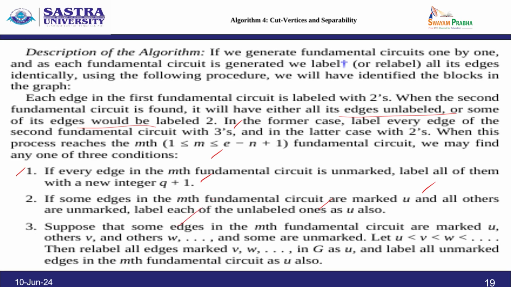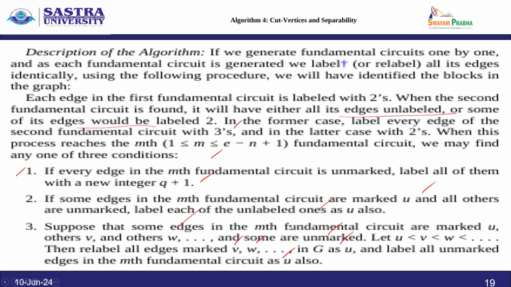Number 3, suppose some edges in the mth fundamental circuit are marked u and others v and others w and so on. Let u be less than v less than w and so on, then relabel all the edges marked v, w and so on in G as u, and label all unmarked edges in the mth fundamental circuit u also.